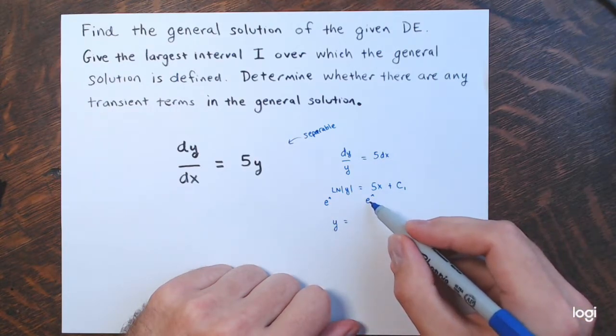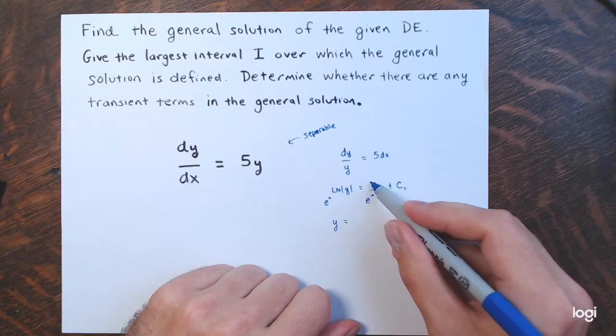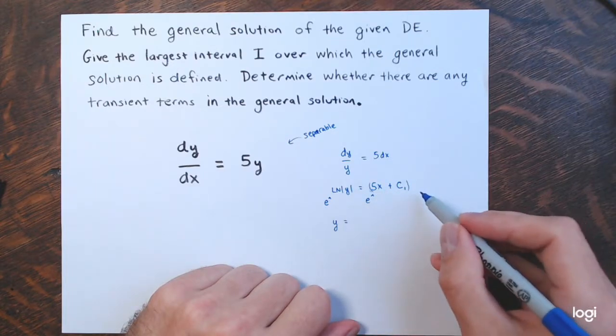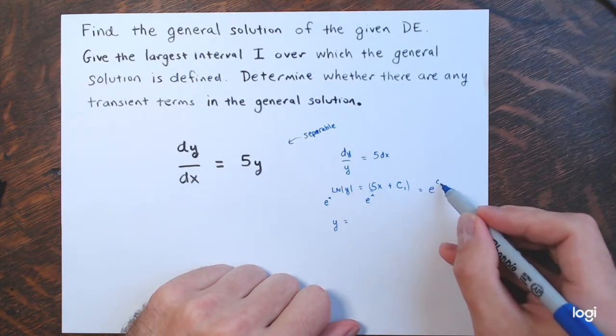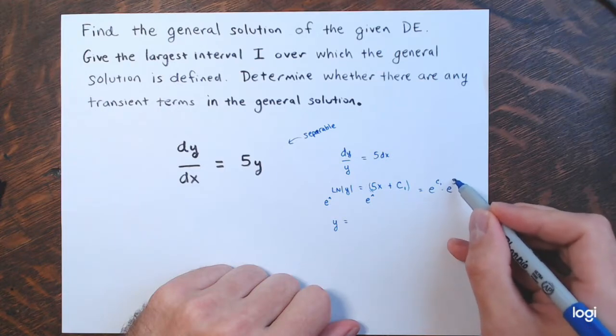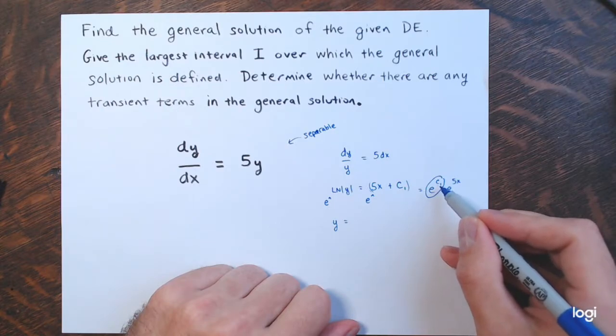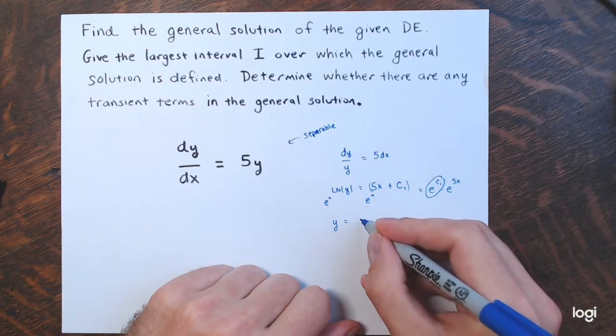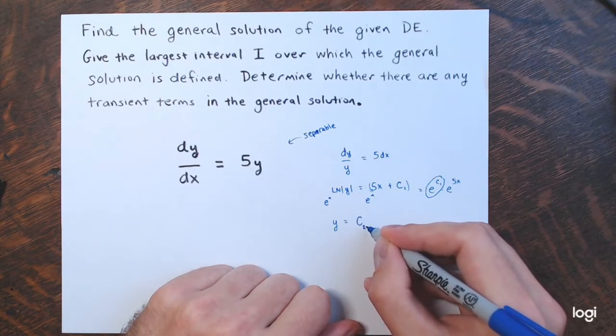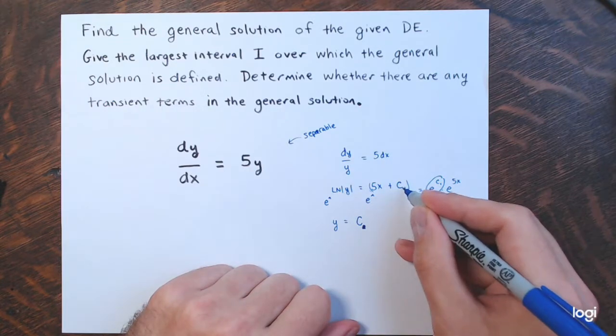So now I have y equals e to the 5x plus c1, which is e to the c1 times e to the 5x, and e to a numerical power, e to a constant, is another constant. I'll call this c in general, because c is different than c1.